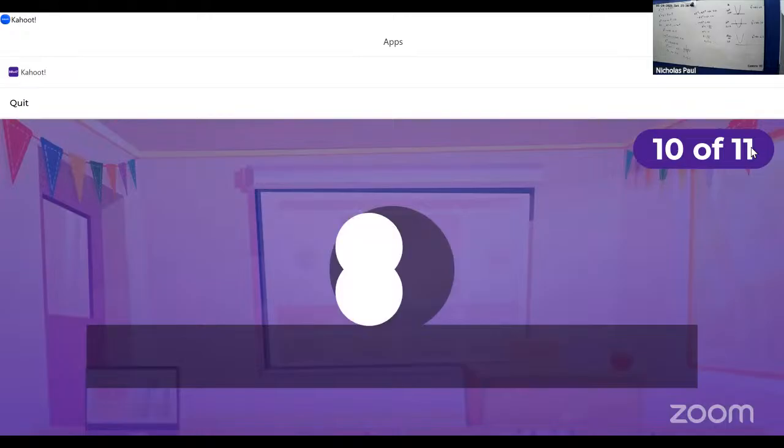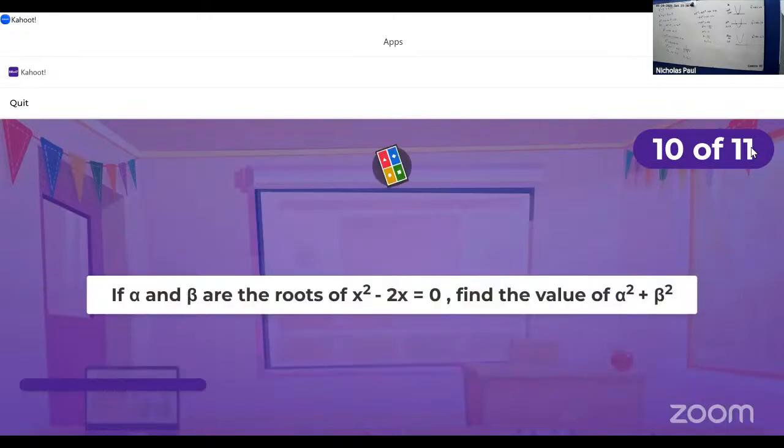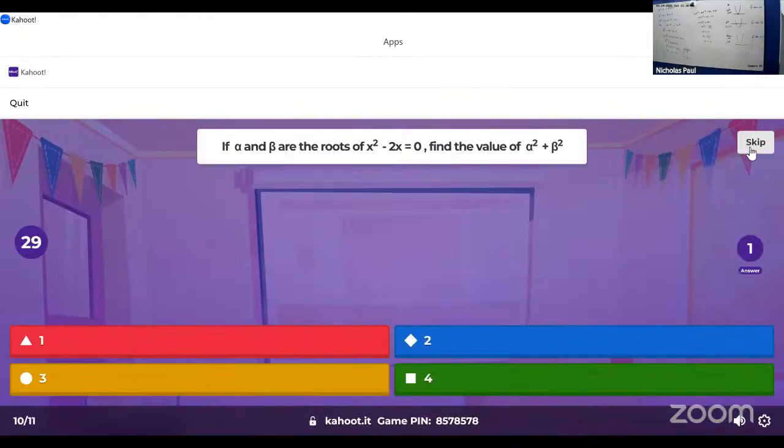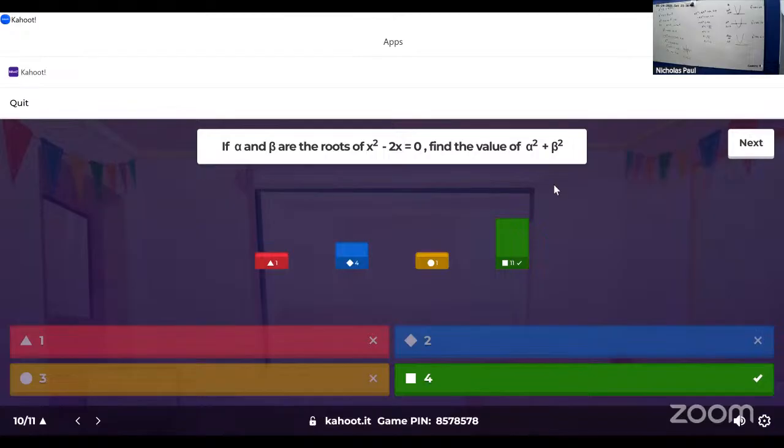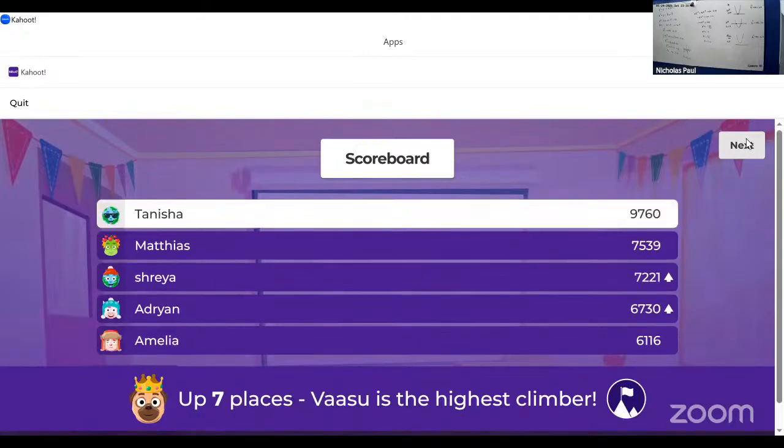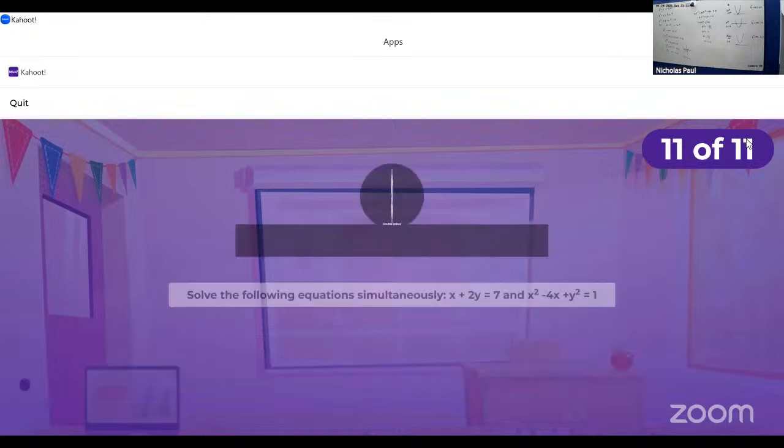Two more. Last one, double and key chance.